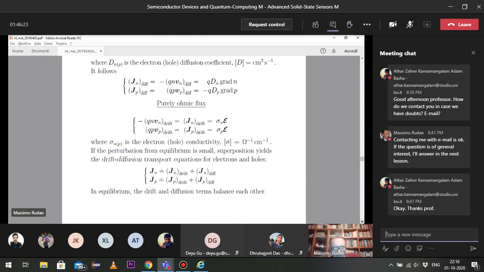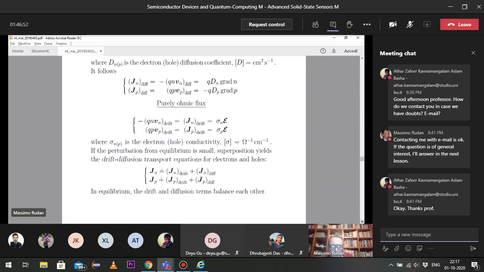Okay, we shall see it better as soon as we have determined the expression of the drift terms, okay? So you may have an equilibrium condition that is non-uniform, nothing moves, because the drift and diffusion components of each current density balance exactly each other, okay?